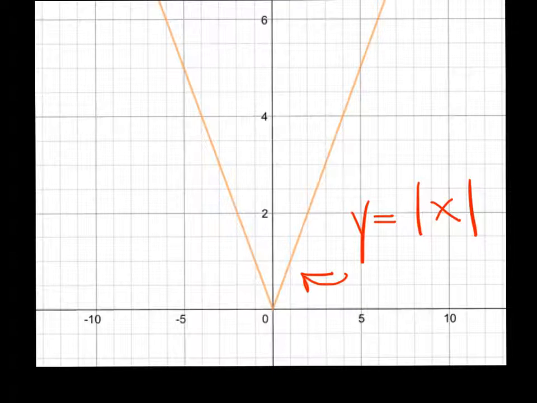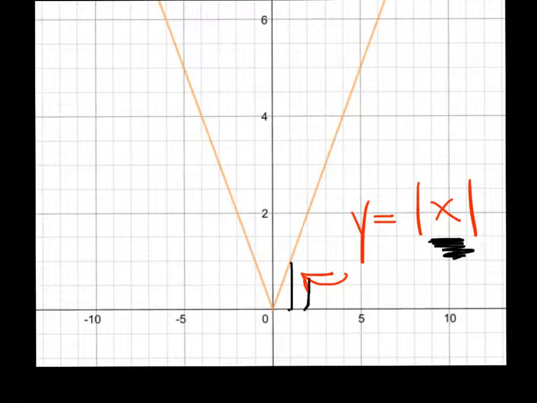Here's the graph of the absolute value function, and here is why it is what it is. The absolute value means whenever you dwindle the quantity inside those brackets down to one item, it will always come out to be positive. If I put a 1 in there for x, I get a 1 back.